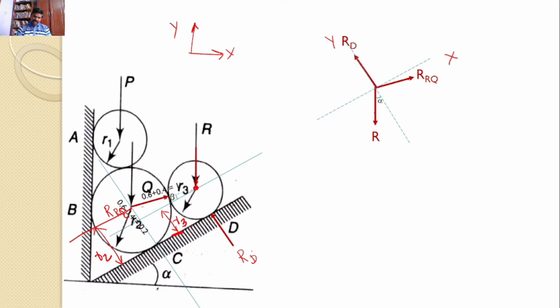Hence, this distance is R2 minus R3, 0.6 minus 0.4, which gives the value of 0.2. Hence, I can find the value of beta. So here you can find this angle is beta, that is RQ makes an angle beta with the x-axis. Now sin beta is equal to 0.2 by 1, or beta is equal to 11.54.